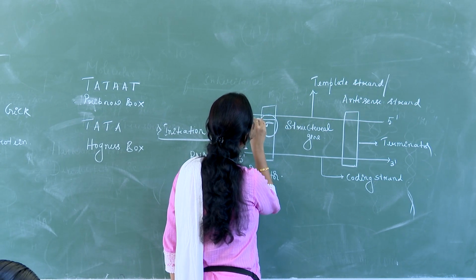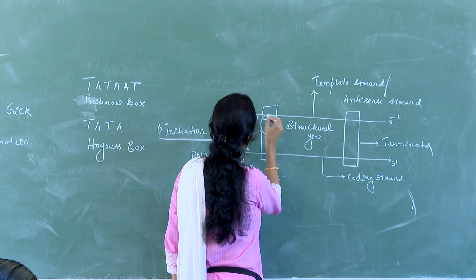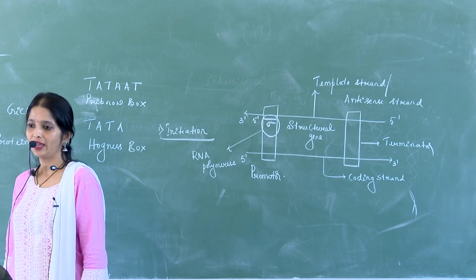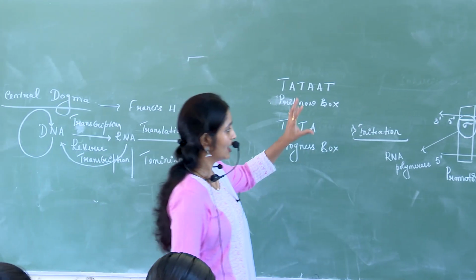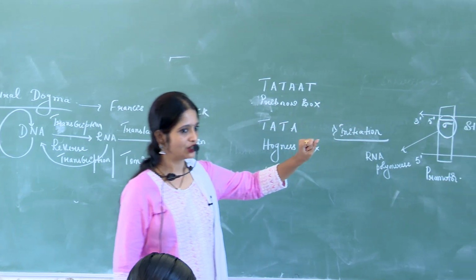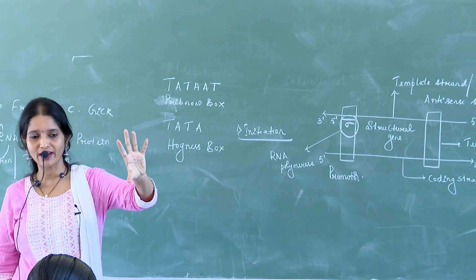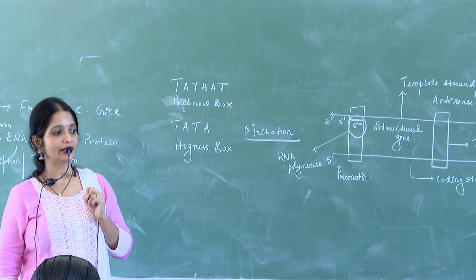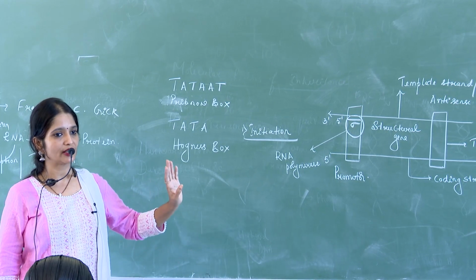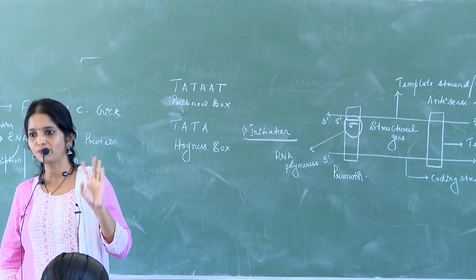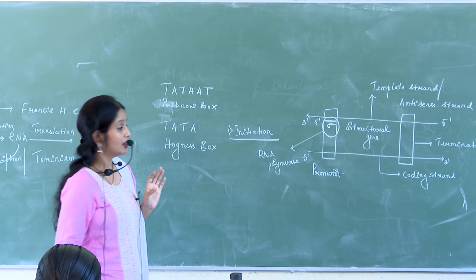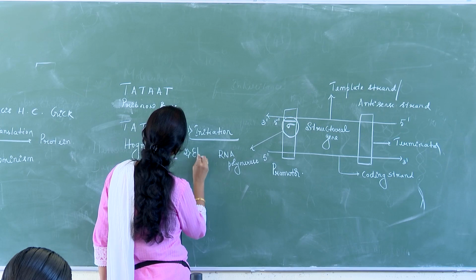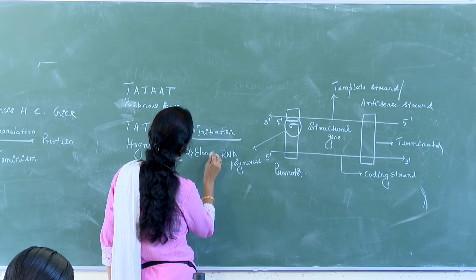So if this is the 5 prime end, the RNA that is synthesized has the 3 prime end. So the RNA polymerase enzyme binds to the promoter gene, sigma factor helps in this binding, and afterwards the sigma factor drops down, its function is done. Next, the second step is, yes, elongation.